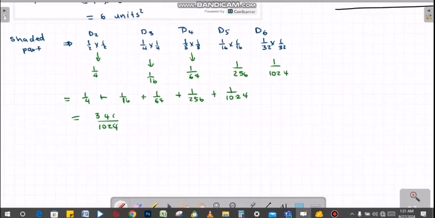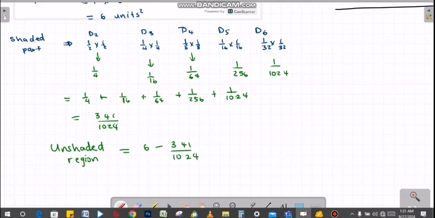The unshaded region for the first 7 shapes will be what? 6 minus 341 over 1024. 6 minus the answer, which is 5,803 all over 1024.